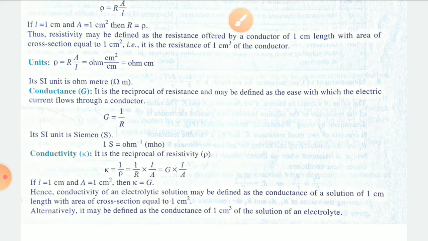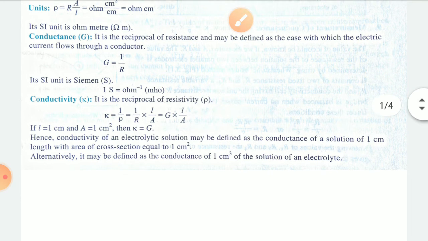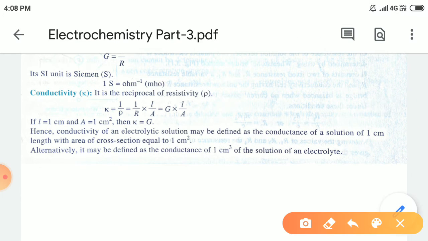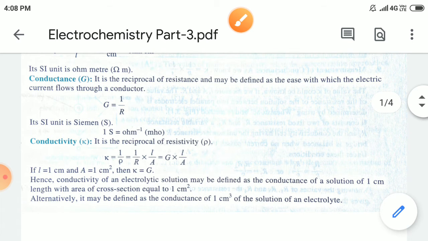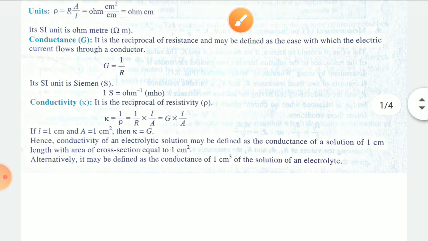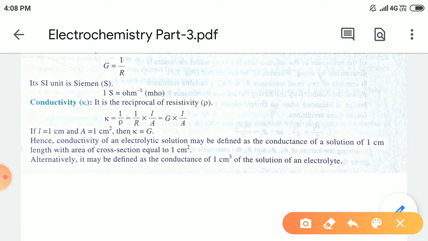Now the next topic is conductivity. Conductivity is represented by kappa, which is the reciprocal of resistivity. That is kappa is equal to 1 upon rho. So here we may keep the value of resistivity.